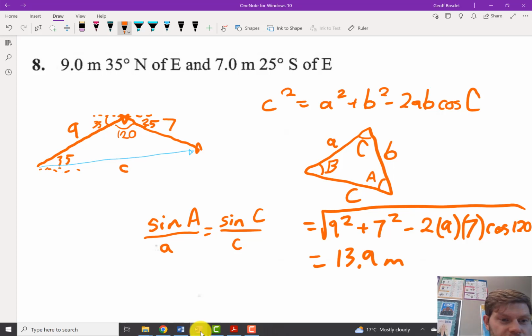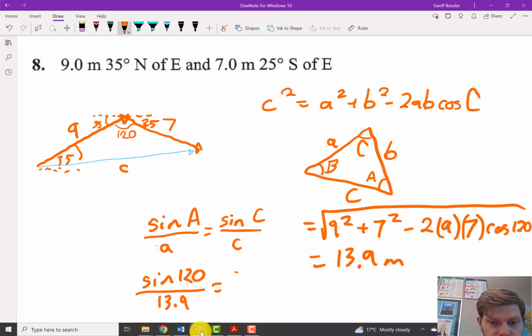So to find this angle down here, I'm going to figure out what this angle is and then just do 35 minus that. So to find this angle, I happen to know an angle and a side opposite it. So I'm going to say, hey, sine 120 divided by this side here, which is 13.9.